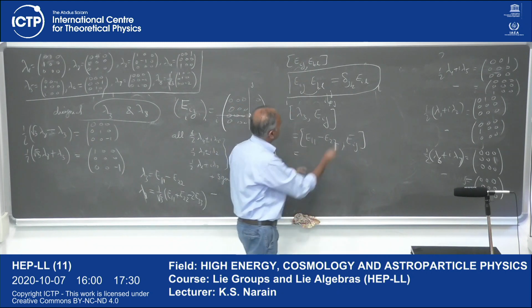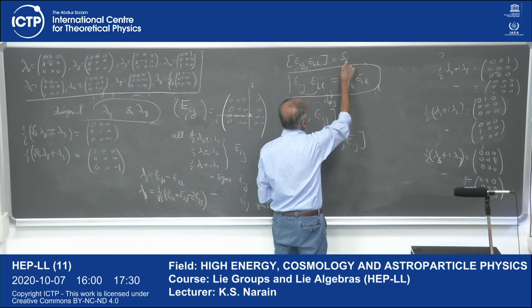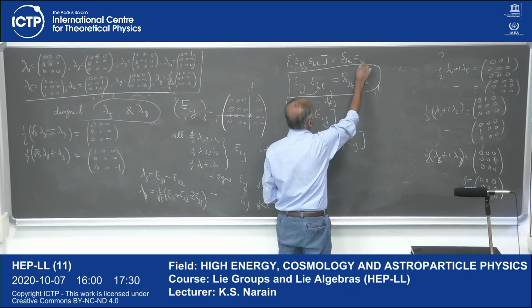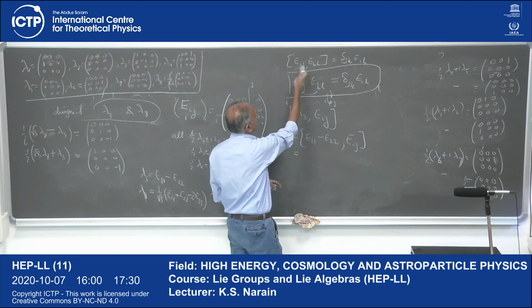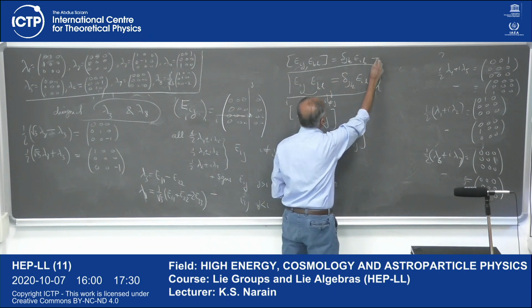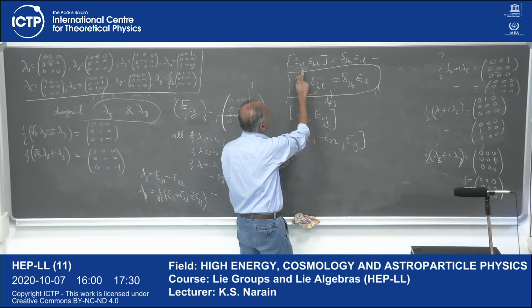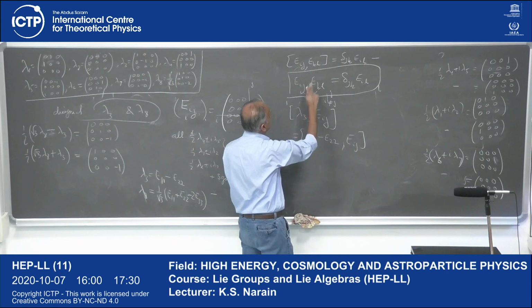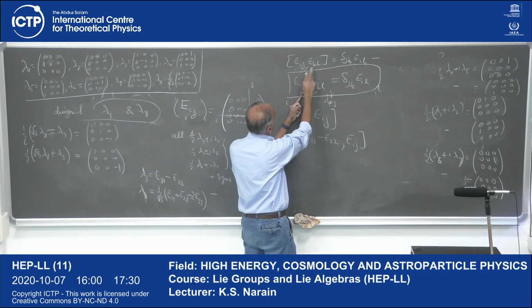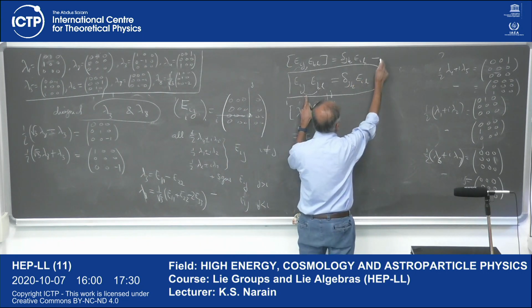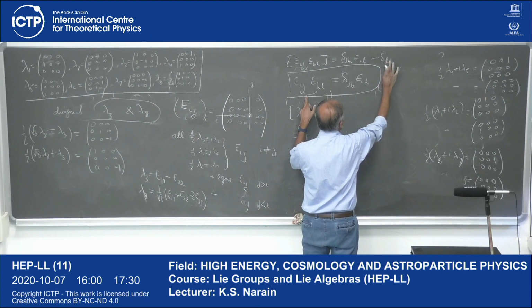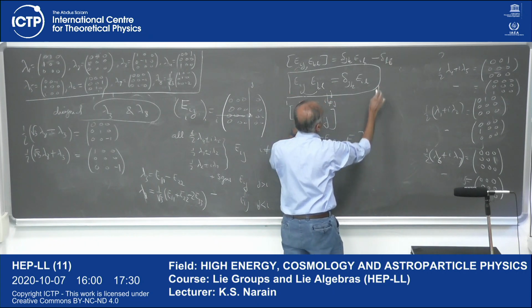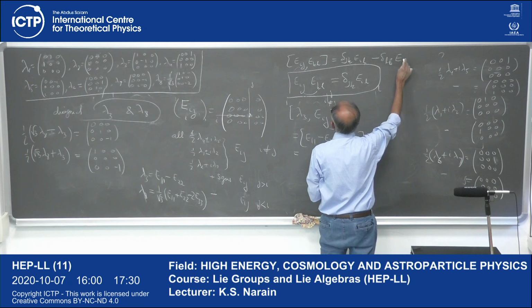So this term we already know is delta JK, EIL. Now if I look at the other term, it will be minus, so now it's KL Ij, right? So delta Li, and EKJ.